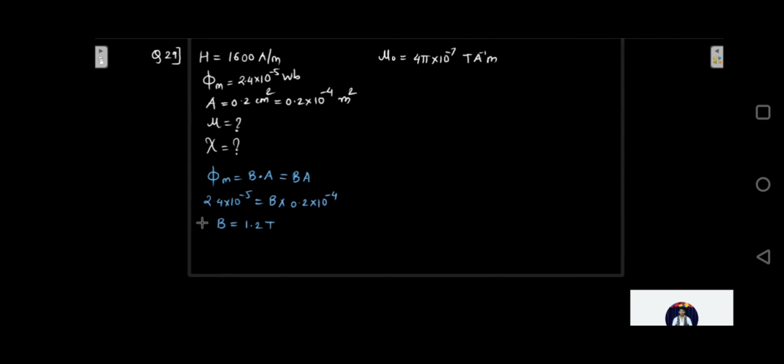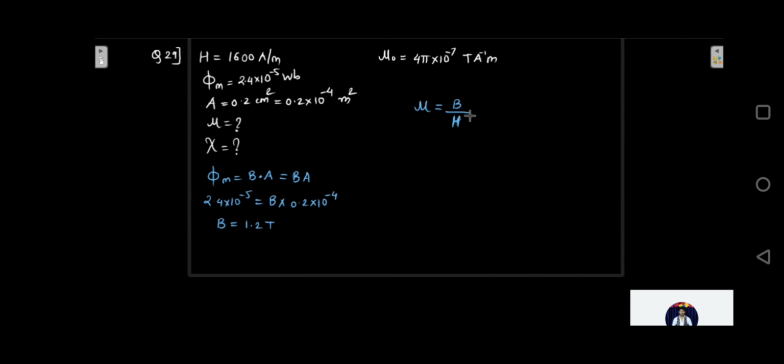Okay, so now we are also given H. So we know that the formula for mu, that is permeability, is B upon H. That is magnetic induction, the ratio of magnetic induction to the intensity of magnetic field or magnetic field intensity.